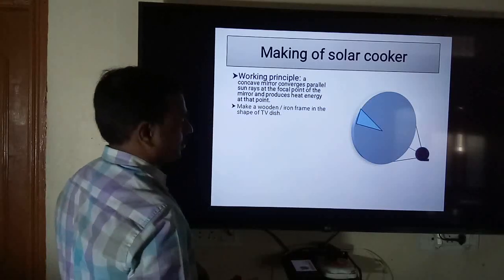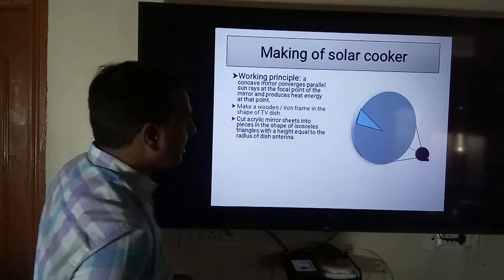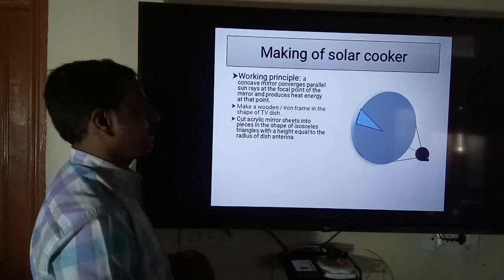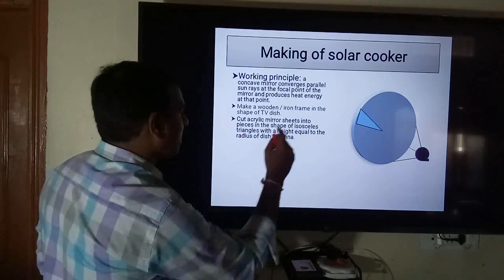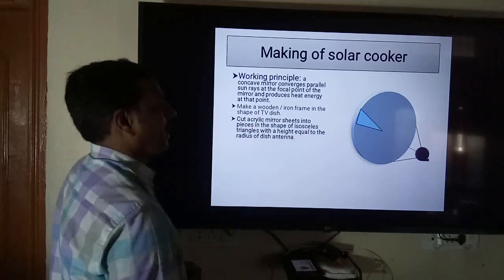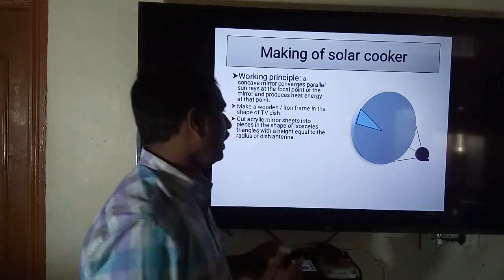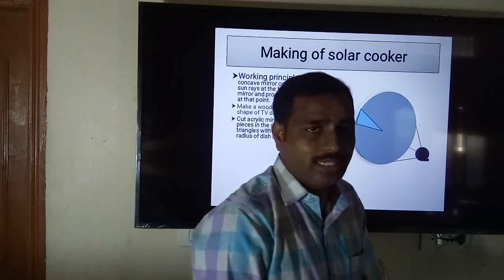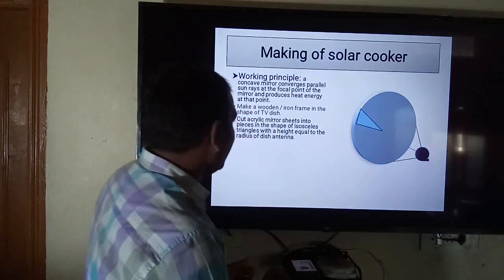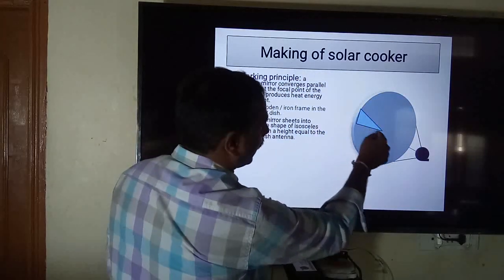Now see here. Cut acrylic mirror sheets into pieces in the shape of isosceles triangles with a height equal to the radius of the dish antenna. With the same dish antenna radius, we have to cut acrylic sheets like isosceles triangles. Just like I am showing, this is an isosceles triangle.